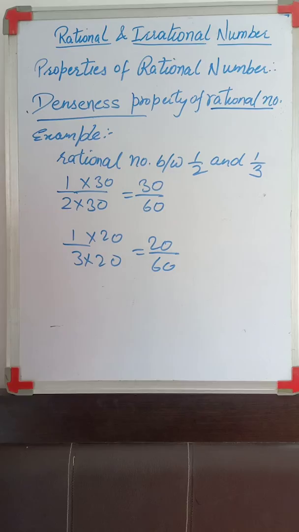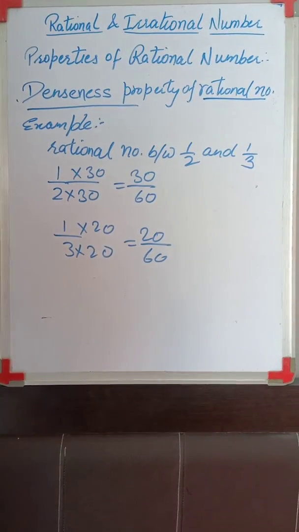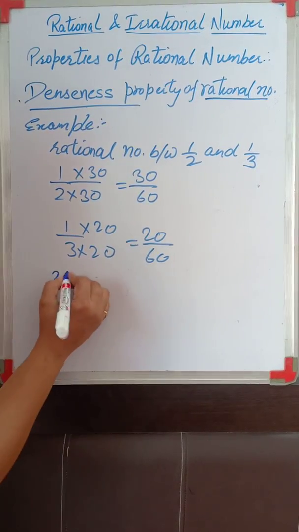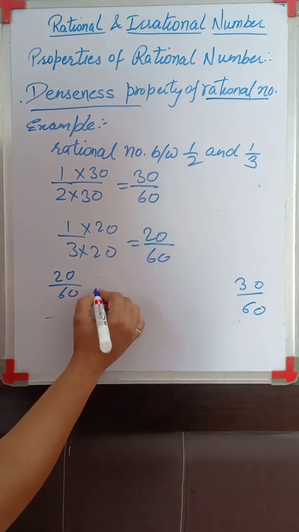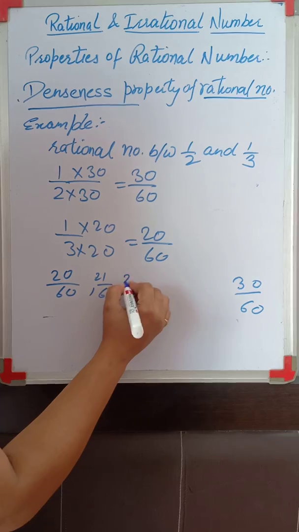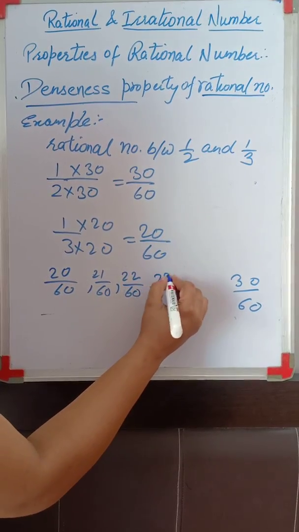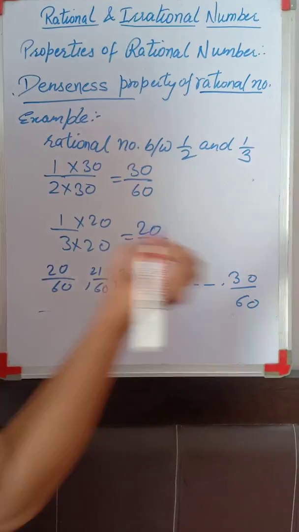So in between 20 upon 60 and 30 upon 60, many numbers you can calculate. The numbers will be 21 upon 60, 22 upon 60, 23 upon 60 and so on.